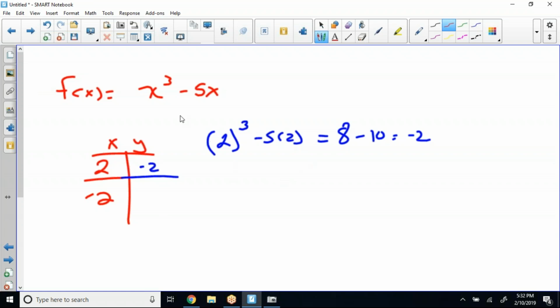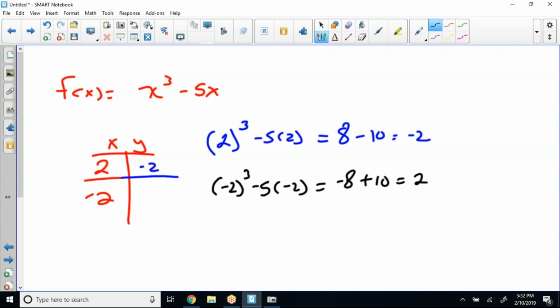Now, we're going to plug in negative 2 cubed minus 5 times negative 2. Well, that is negative 8 plus 10 equals 2. So yeah, this right here would be odd, right?